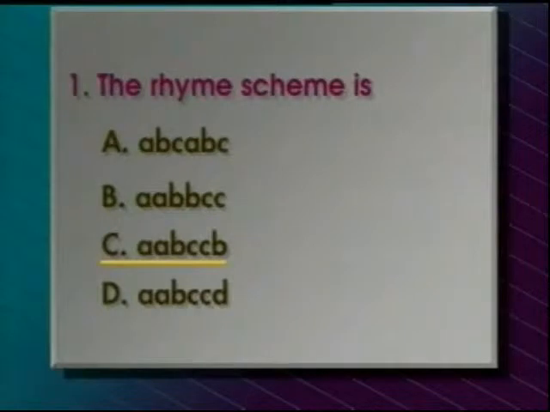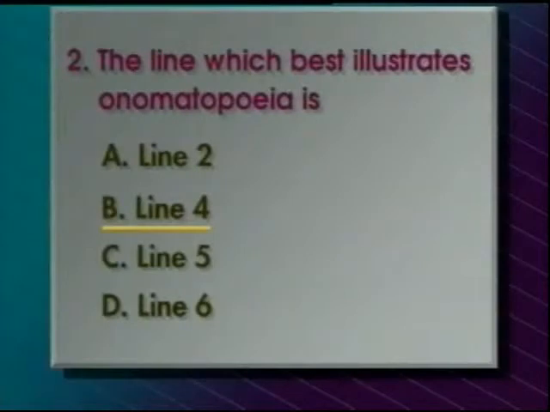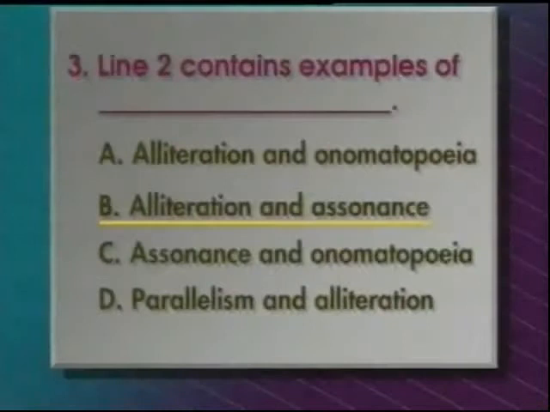1. The rhyme scheme is A, ABC, ABC, B, AA, BB, CC, C, AAB, CCB, D, AAB, CCD. 2. The line which best illustrates onomatopoeia is A, line 2, B, line 4, C, line 5, and D, line 6. 3.